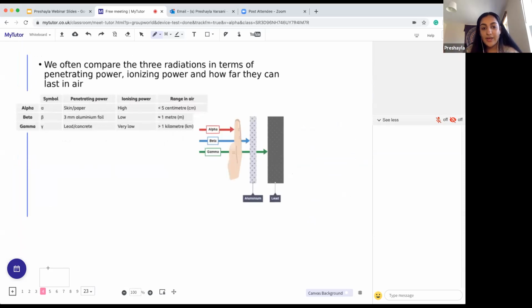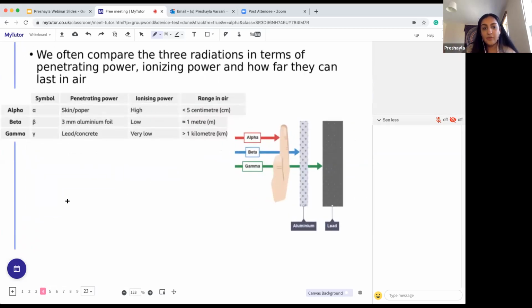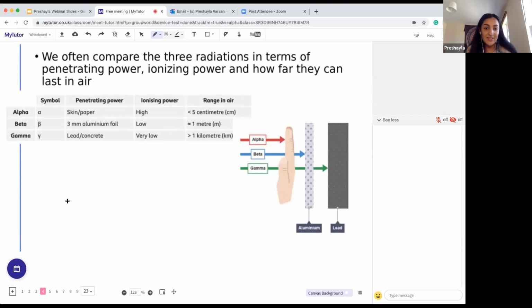Now, how can we compare and contrast them? There are 3 main things that scientists use and that you're expected to think about in your GCSE: penetrating power, ionizing power, and the range that they have in air. Let's first look at the penetrating power. We know that alpha is pretty weak. It can be stopped by skin or paper.